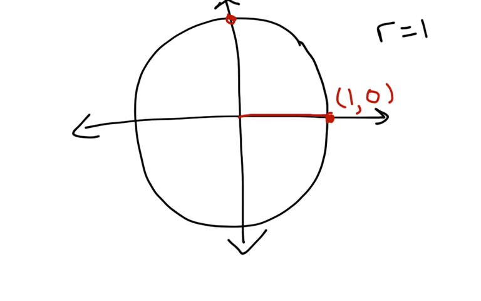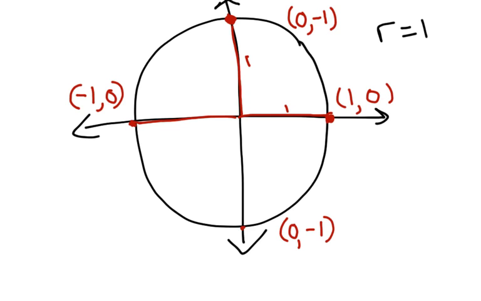Here, my x is 0, so this is the point right here, since this is 1, the length is 1. Here, my x is 0, my y is negative 1. You go through to this side. This is going to be x is negative 1, y is 0. And here, it's going to be 0, negative 1.